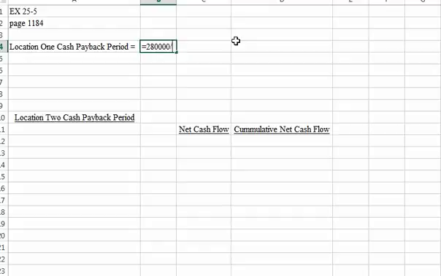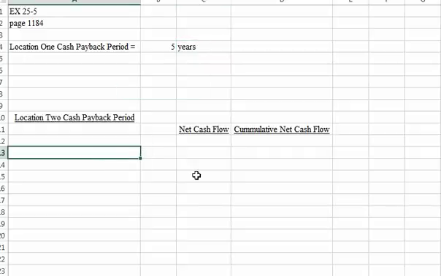All we have to do is divide that cost by annual net cash flows, when the annual net cash flows are expected to be the same every year. Location 1 they are, and that's $56,000. We'll divide that into the original cost, and that tells us it's going to take 5 years for us to recoup our original investment. And remember, again, that does not take time value of money into account.